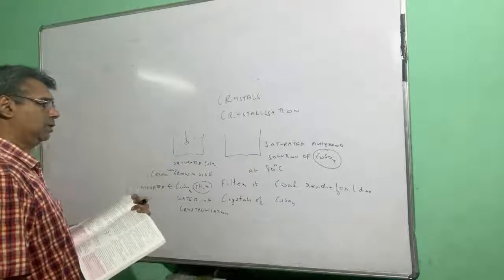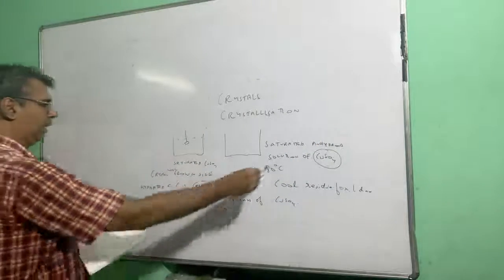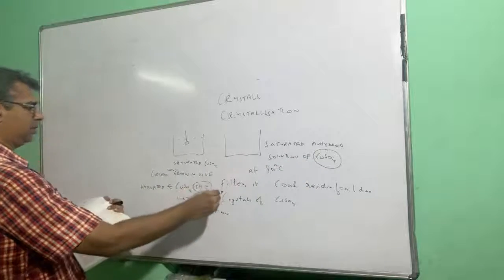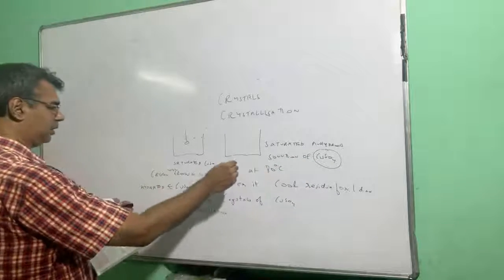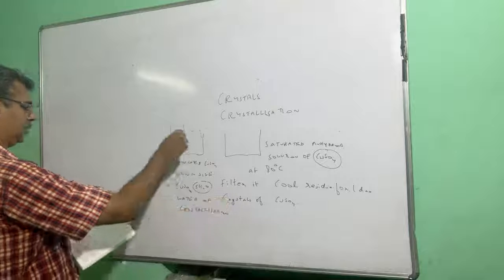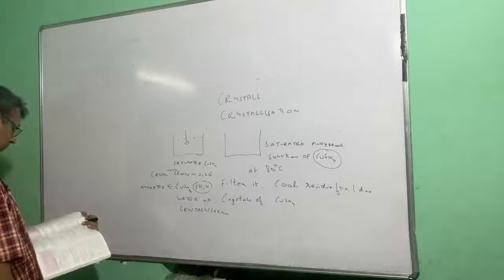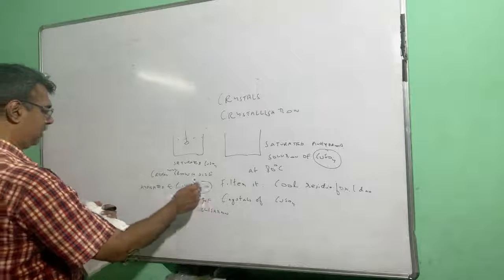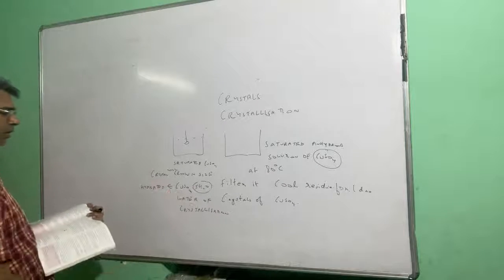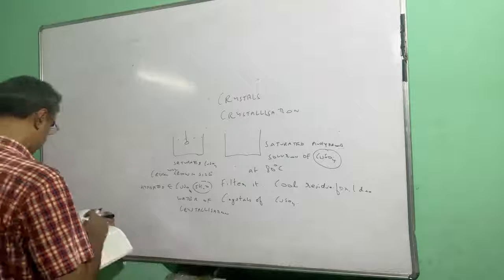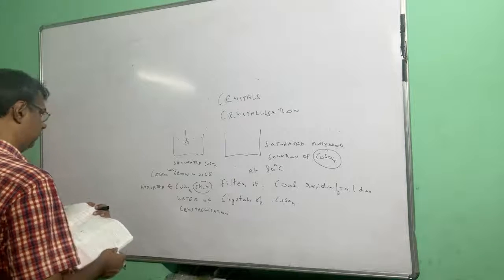So this is called anhydrous. So you put anhydrous CuSO4, create a saturated solution at a high temperature, filter it, cool it, get the crystal, suspend it in saturated solution, and you will get hydrated crystals. And this 5H2O is intrinsic to the copper sulfate molecule, and it is known as water of crystallization.